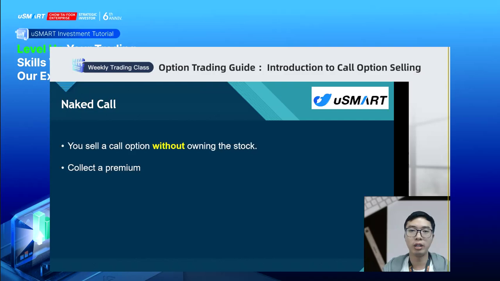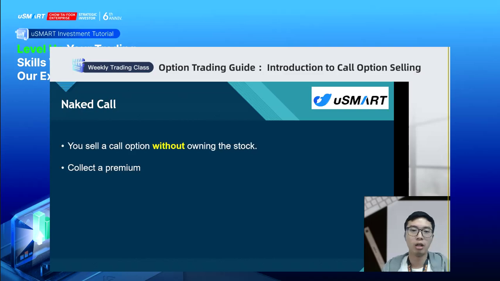However, for call buyers, the returns are unlimited and the risk is limited. But for the call sellers, we aim to earn the premium only, and our risk is actually unlimited. However, we can limit our risk, which is called a covered call, and I will explain in the next few slides. So we just go back to this naked call.